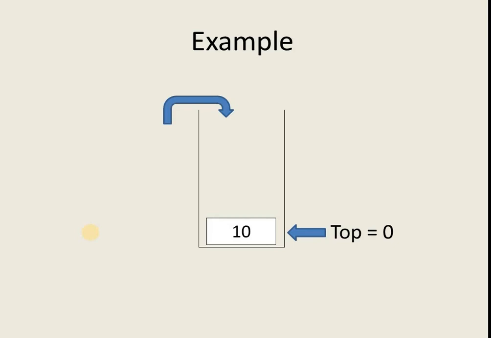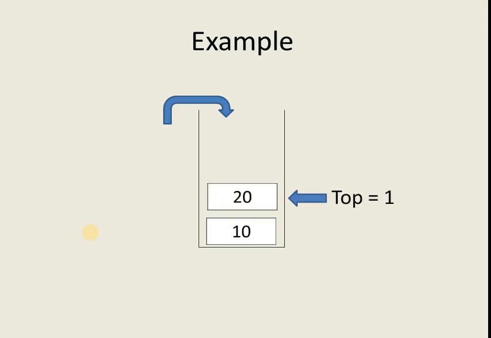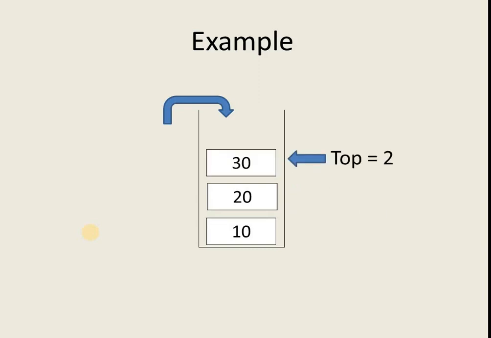Now if we insert the second element into the stack, top will be incremented by 1 and top will point to the element which is recently inserted into the stack. If we add third element, then top will become 2 and top will point to the element which is inserted into the stack.